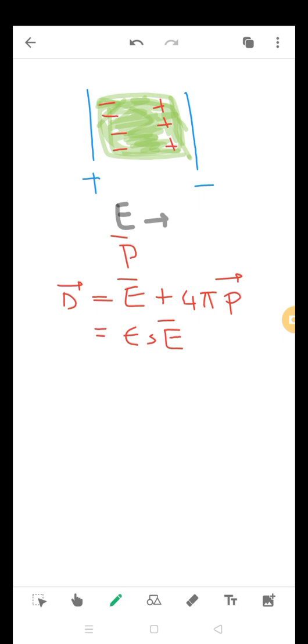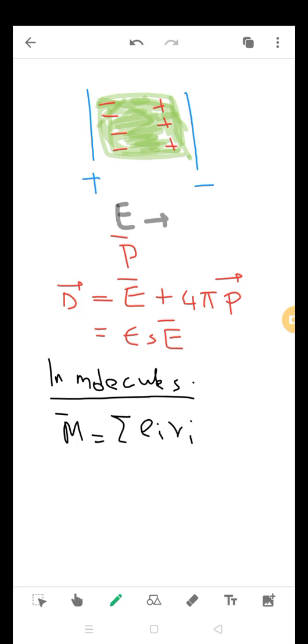Now in molecules, for a system of elementary charges e_i located at the endpoints of a set of vectors r_i, the dipole moment M is simply the sum of e_i r_i, and for neutral systems the sum of e_i is equal to 0.